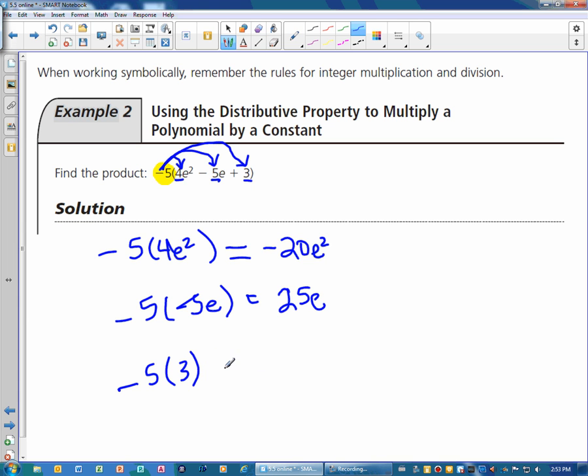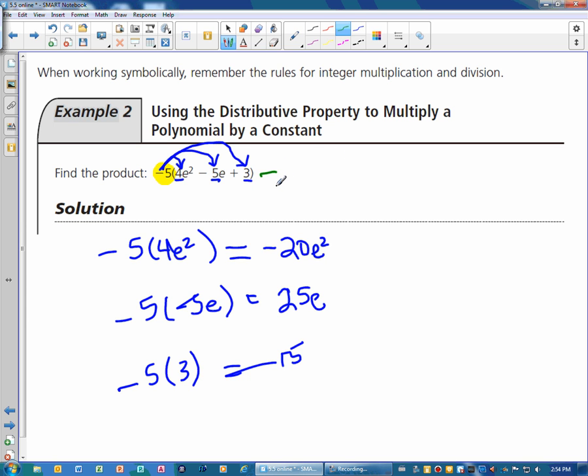Negative 5 times 3 equals negative 15. This pen's working weird today. Let me start over. One more time.